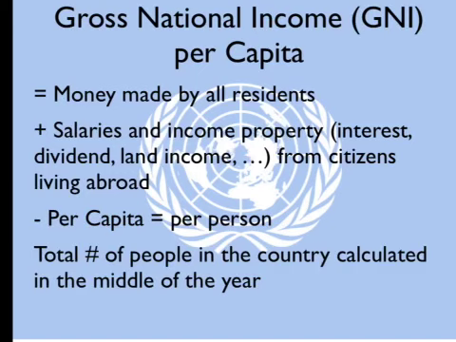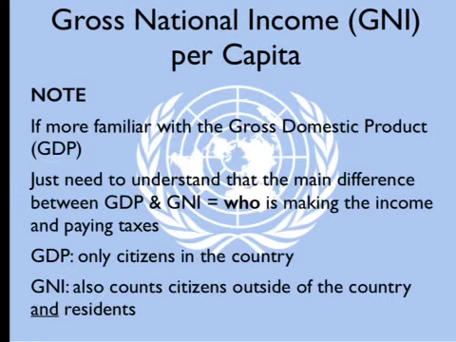Per capita simply means per person. And the way they calculate the total number of people in a country is in the middle of the year. If you're more familiar with the gross domestic product, GDP, well, you just need to understand that the main difference between GDP and GNI is who is making the income and paying taxes.